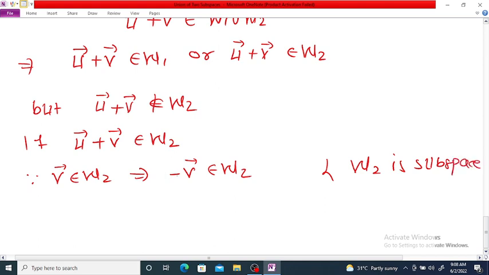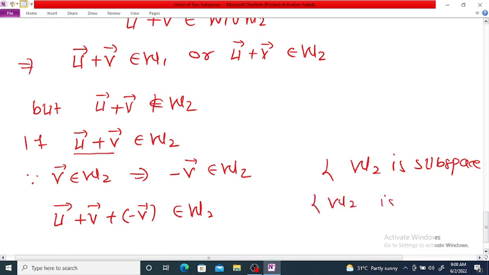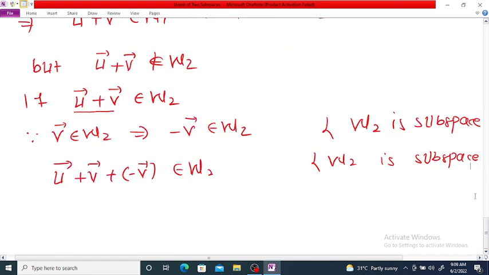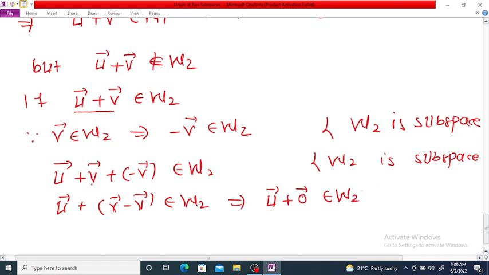So u bar plus v bar plus minus v bar also belongs to W2, again because W2 is a subspace. By the associative property, u bar plus v bar minus v bar belongs to W2, which implies u bar plus 0 bar belongs to W2, and this implies u bar belongs to W2.